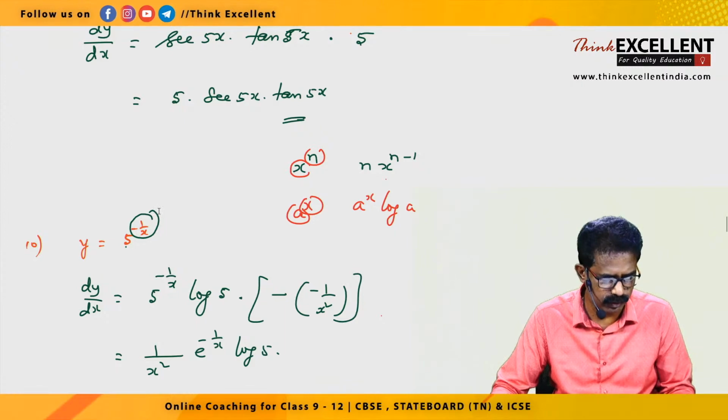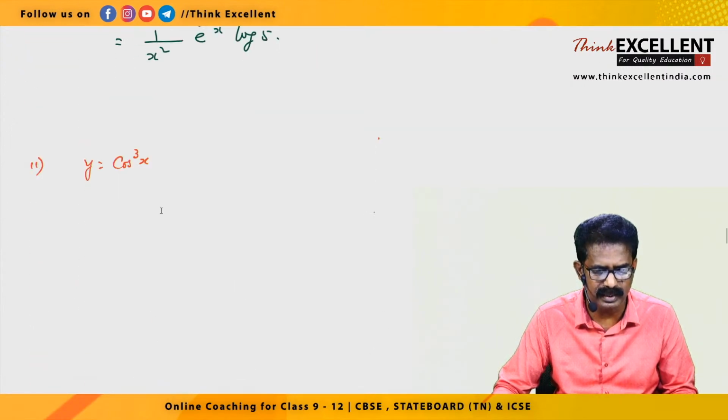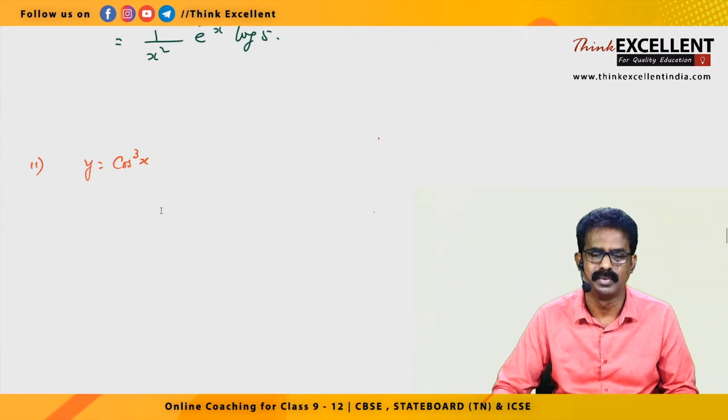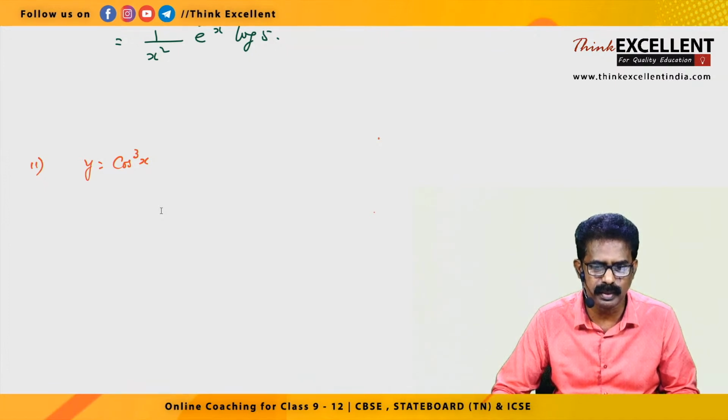Shall we move on to the next question? Question number 11. Just a revision for you. Y equal to cos cube x. Can you do it and post your answer? You can try. Come on.